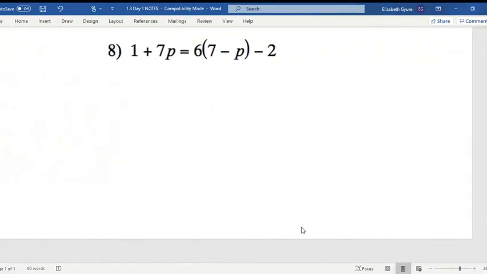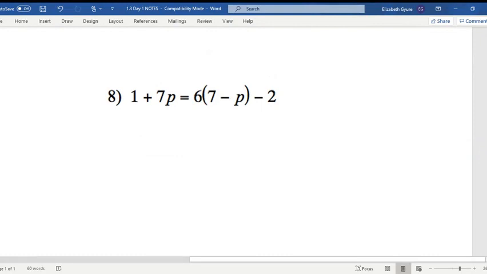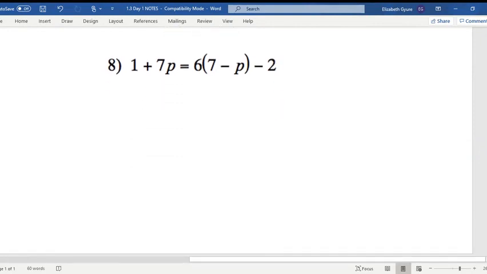Number 8. We got 1 plus 7p equals 6 times the quantity 7 minus p, minus 2. Jake, what should I do first? Distribute. What needs to be distributed? Yeah, the 6. So I'm just going to drop down my 1 plus 7p.